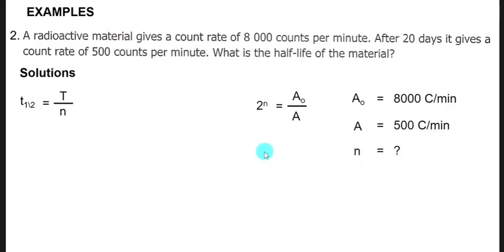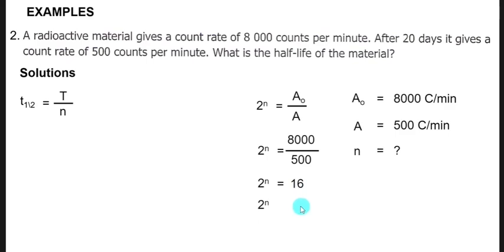Then you say 2^n is equal to 8,000 divided by 500, and when you divide, you get 16. Then you look for 2 raised to a certain power. So you ask yourself, to which power can 2 be raised to give you 16? You find that it will be raised to 4.